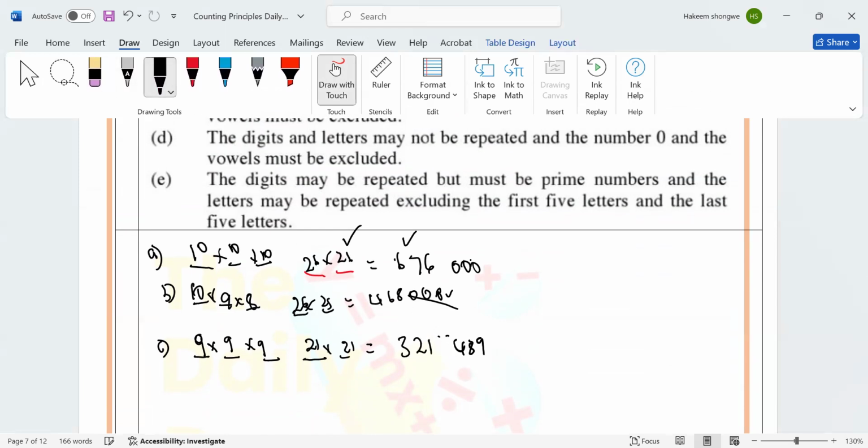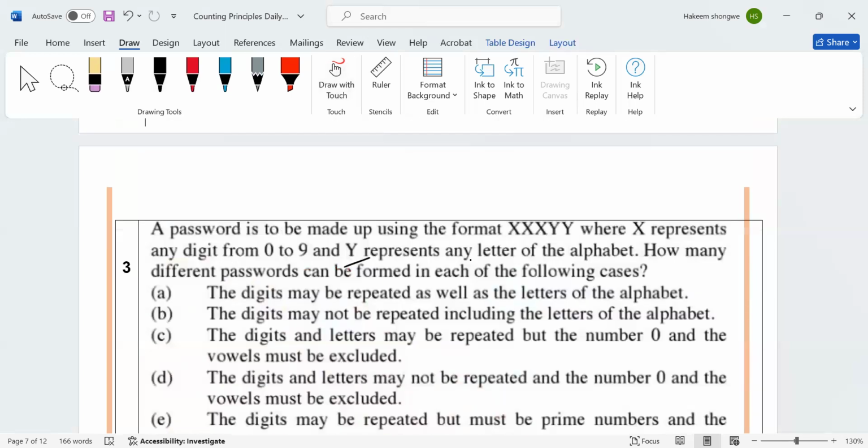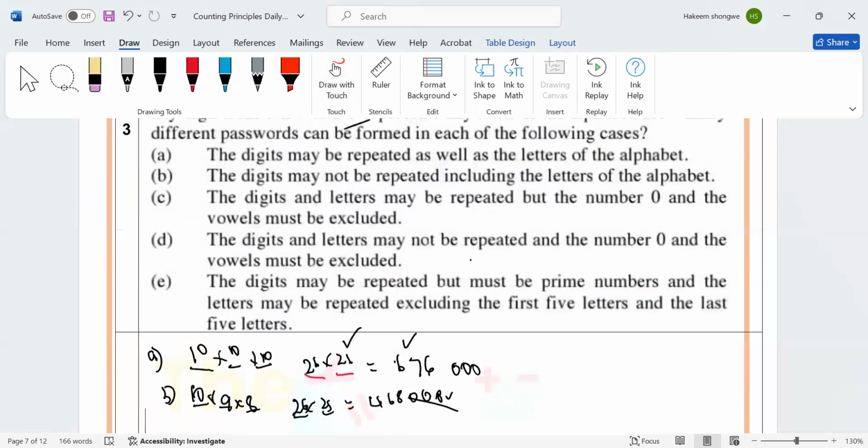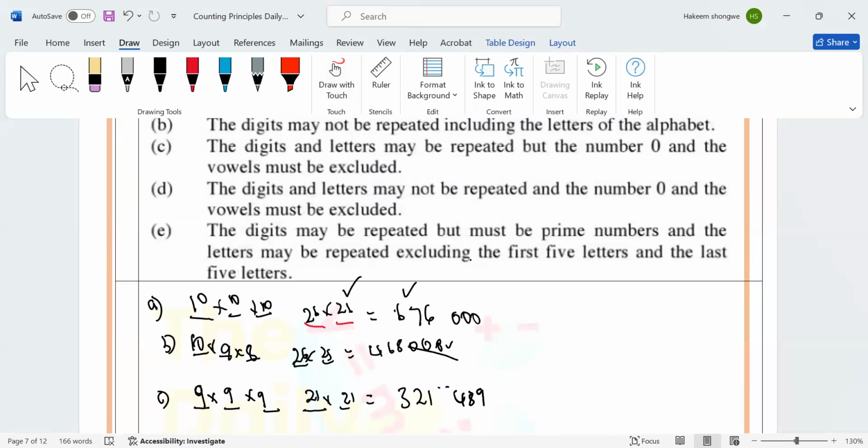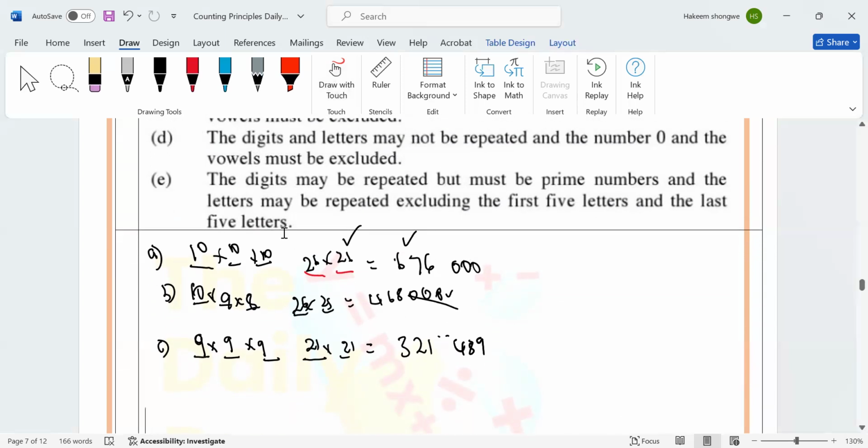All right, the digits and the letters may not be repeated, and the number 0 and the vowels must be excluded. Okay, that's number D. Number D, we have 1, 2, 3 and 1, 2.